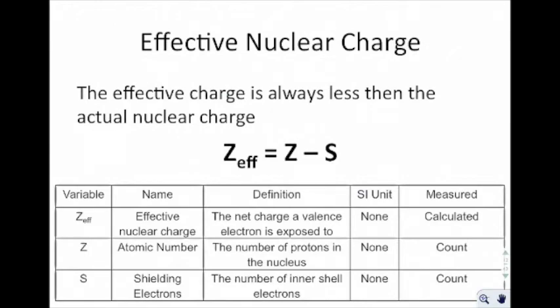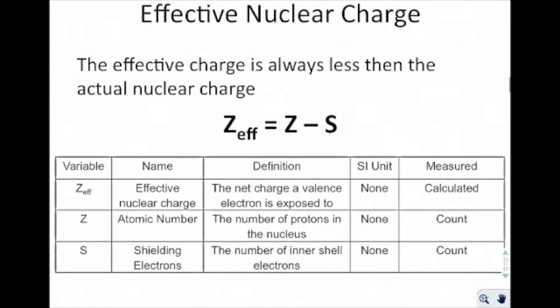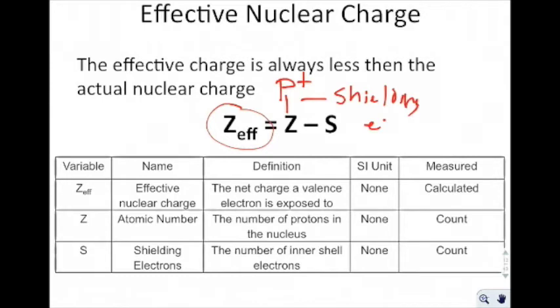Now, to calculate the effective nuclear charge, you use this formula. This formula is very, very simple. Z effective, that stands for the effective nuclear charge, is equal to the atomic number. This is the number of protons, and then we subtract the number of what we call shielding electrons. Another way of saying shielding electrons is inner electrons. We've talked about valence electrons before.